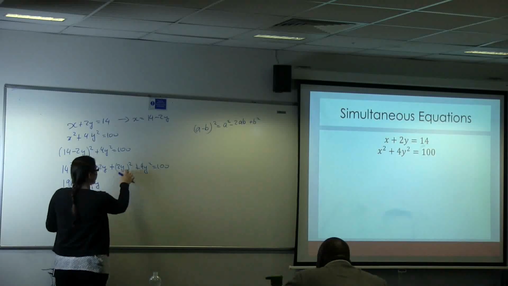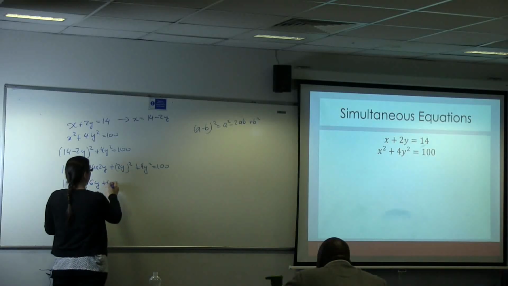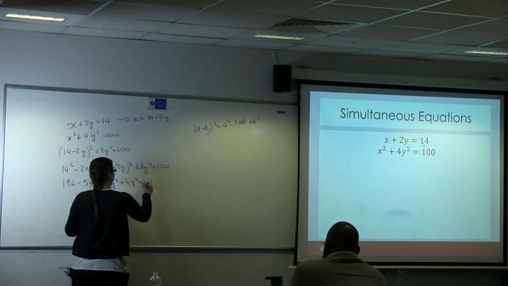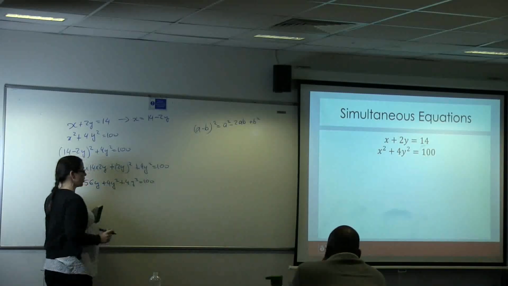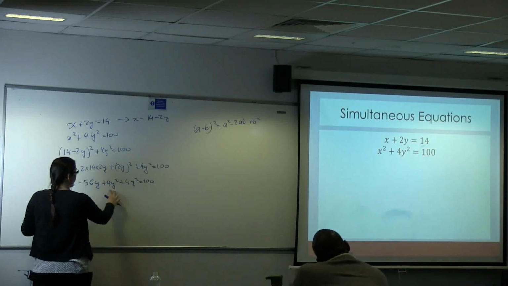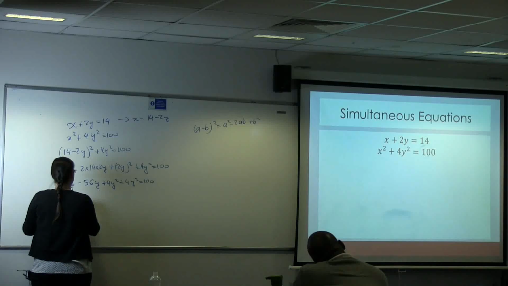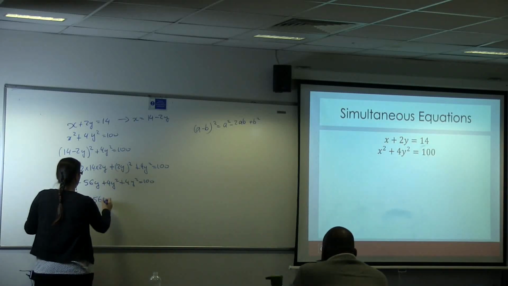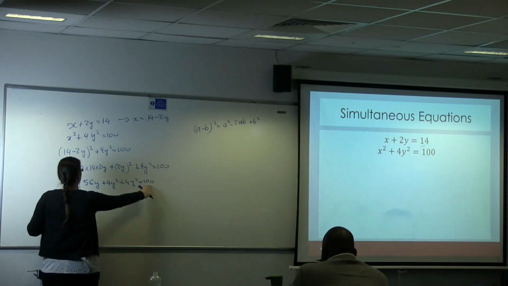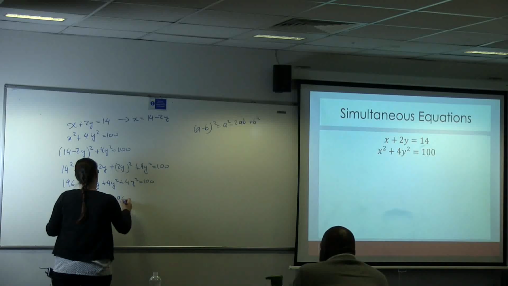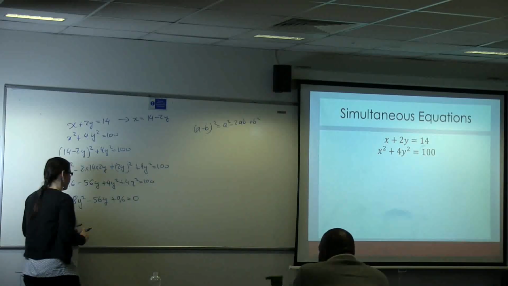And 2y squared is 4y squared. The other two, I'm just keeping them. Now, I have got 4y squared giving me 8y squared, minus 56y, and I've got 100 over there, so I need to take that away from here. So that's just going to give me positive 96.